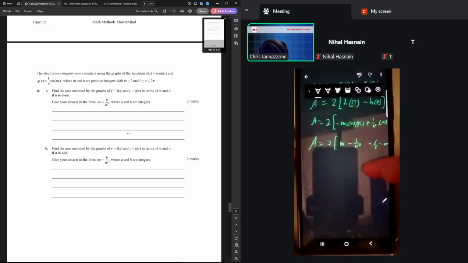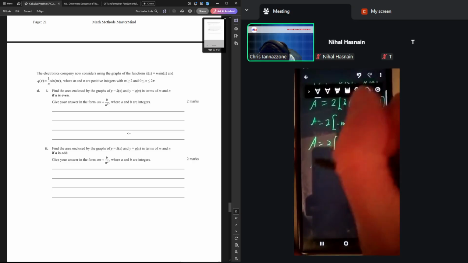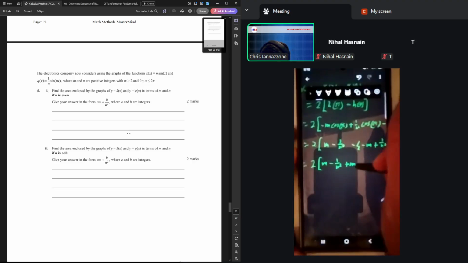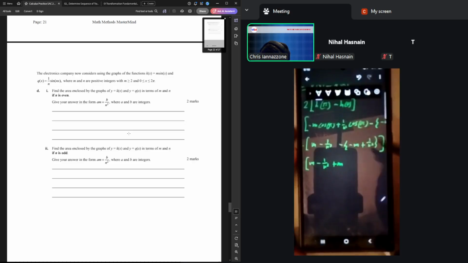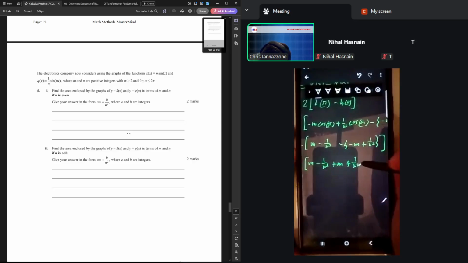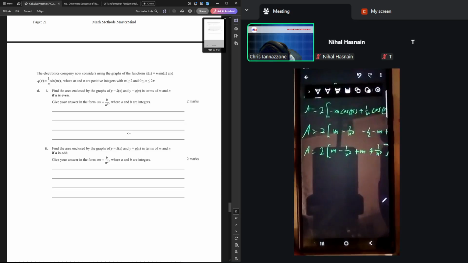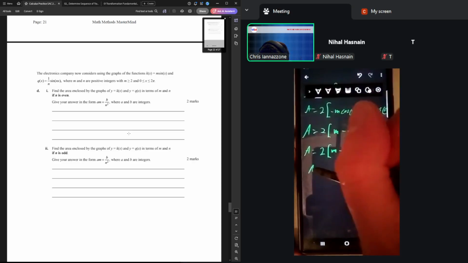Then from there, continue to simplify. M minus 1 over n squared plus m plus 1 over n squared. So this is what I was worried about happening, having them just delete each other.